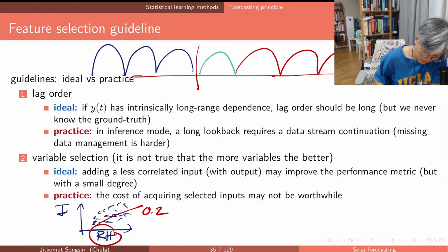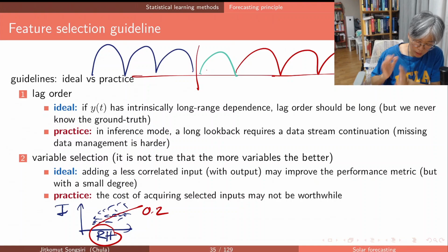In practice, the cost of acquiring the selected input may be not worth it to include in the model. What if that input has to be subscribed from a weather forecast service?